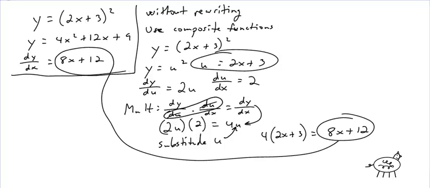So let's go back to our original problem that I started out with. I said y is equal to sine of x squared plus 4. So we're going to say y is equal to the sine of u, and u is equal to x squared plus 4.